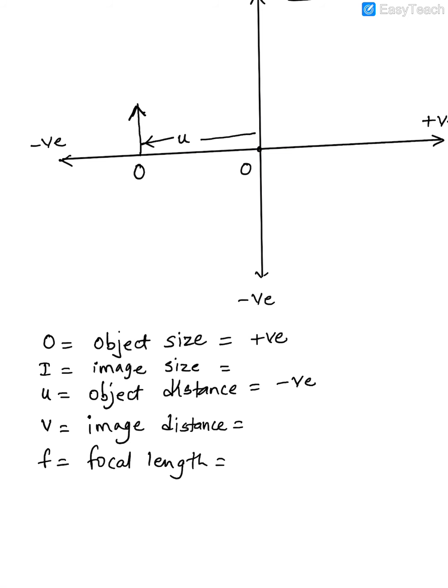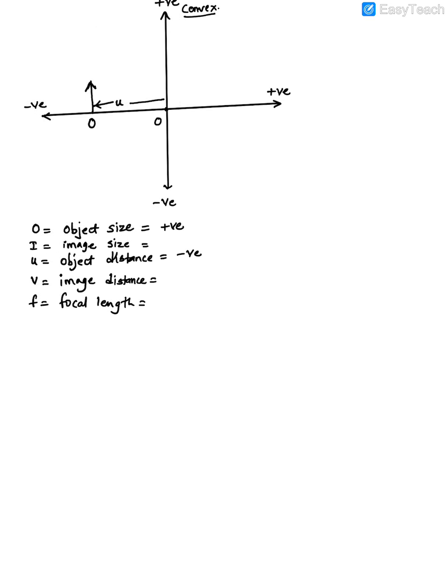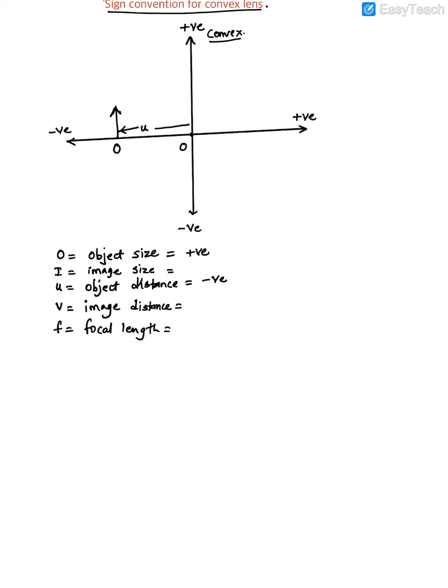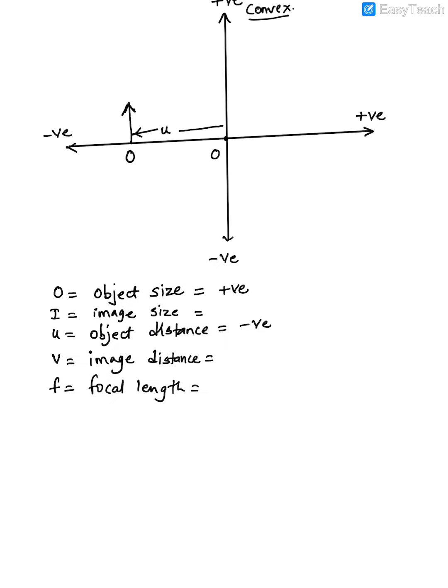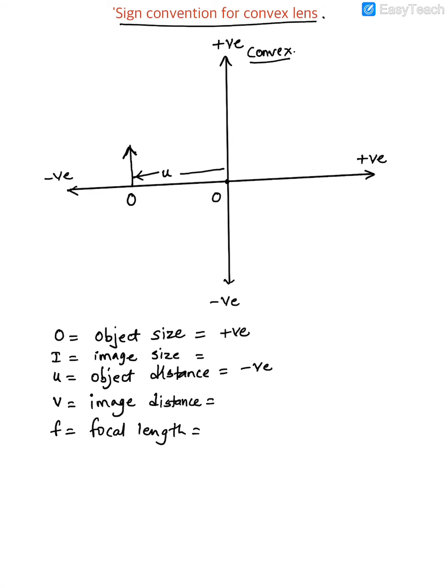Since your F2 will be on the right side here, and F2 is always measured in this direction, from O to the right side, because you are measuring it in the right direction, we take F as positive.